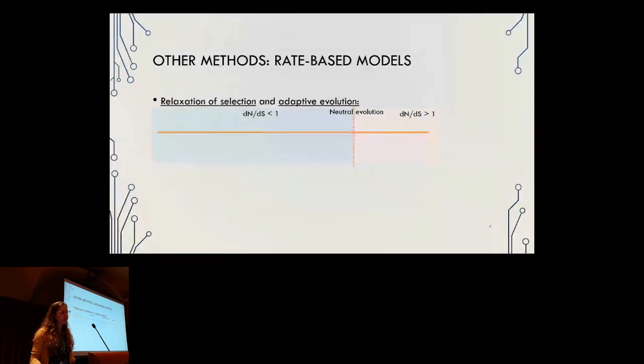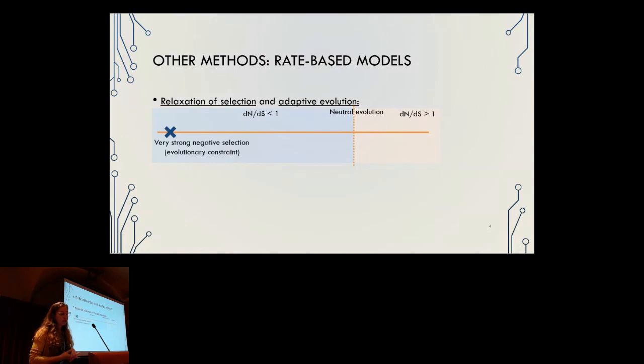That's where dN/dS, the non-synonymous to synonymous substitution rate ratio, is less than 1. To the right of the dotted line, we have adaptive evolution or positive selection. That's where dN/dS is greater than 1.